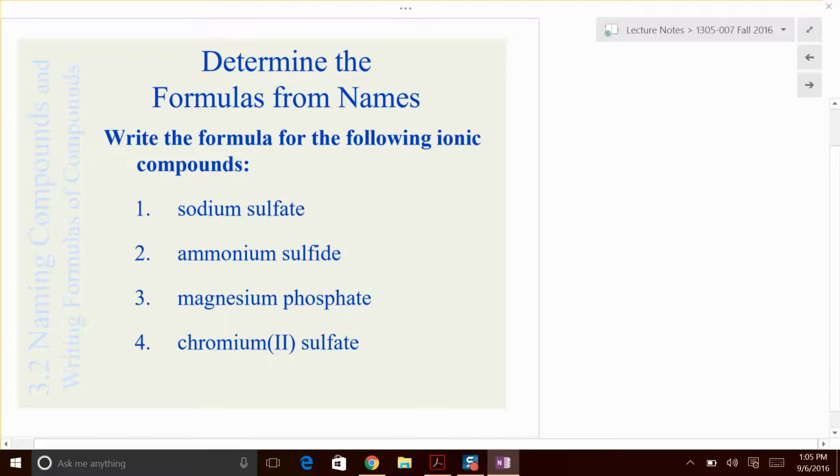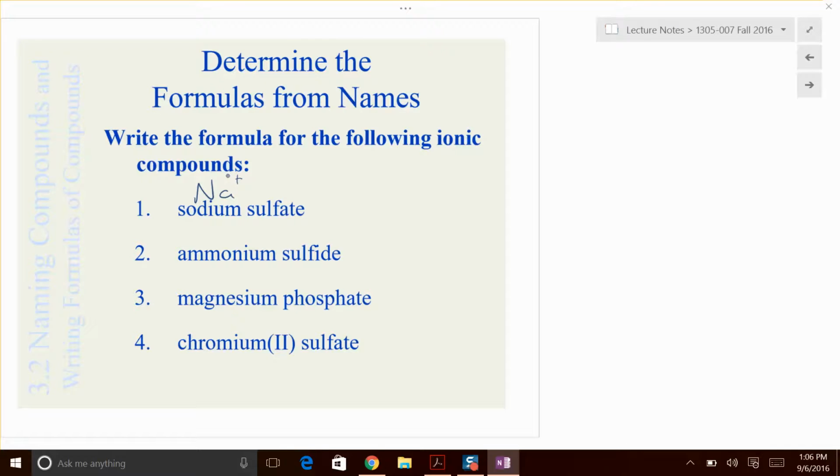Let's try it. What is the formula for the compound sodium sulfate? What are the two things I have here? I have a sodium. What is its charge? +1. I have a sulfate. What is sulfate? Sulfite is -2, and so is sulfate.